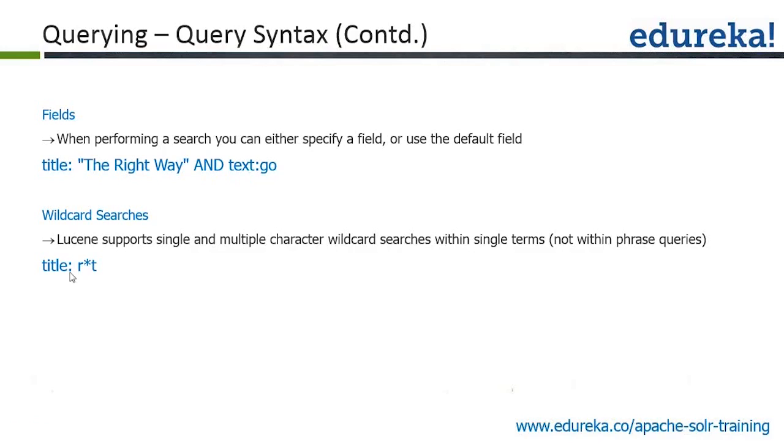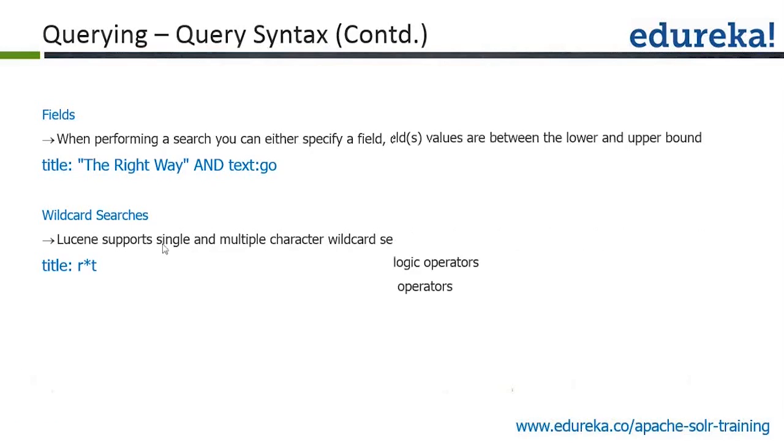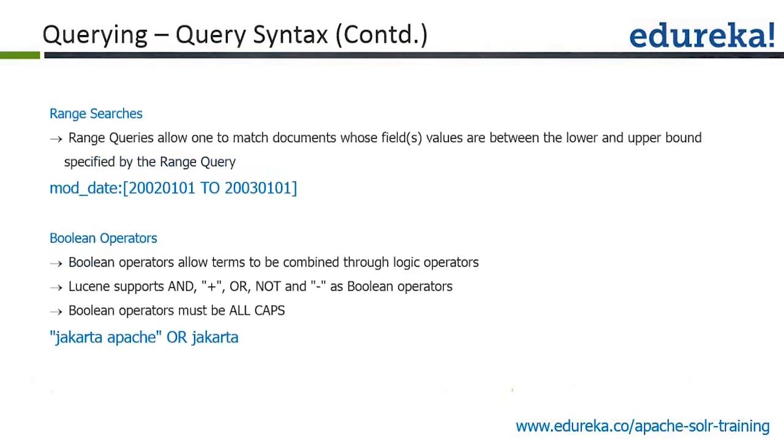Similarly for wildcard, you can say the field name, colon, the text you are aware of, and you can provide a wildcard. There is a restriction on the wildcard: wildcards cannot be used at the beginning. A wildcard is only allowed after at least one single character. You cannot prefix a wildcard at the beginning.